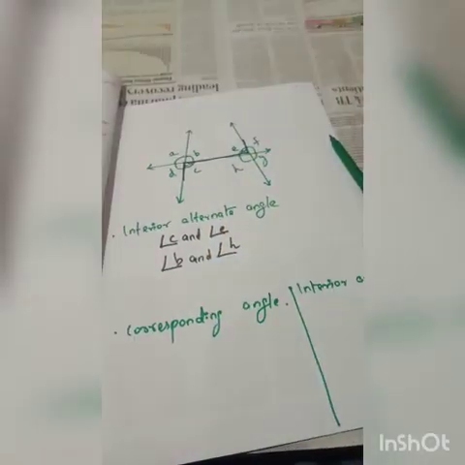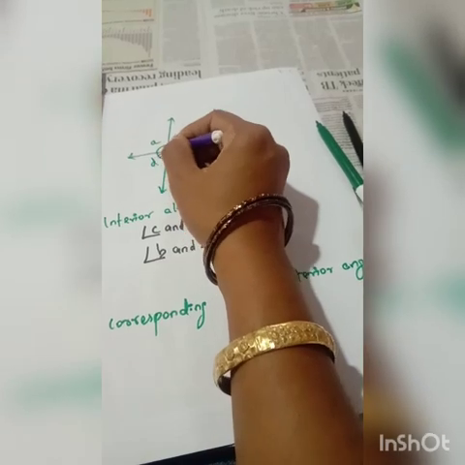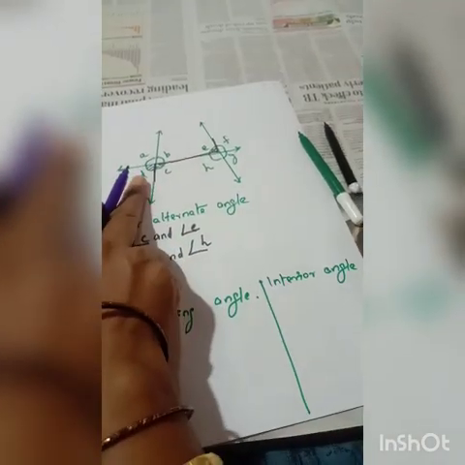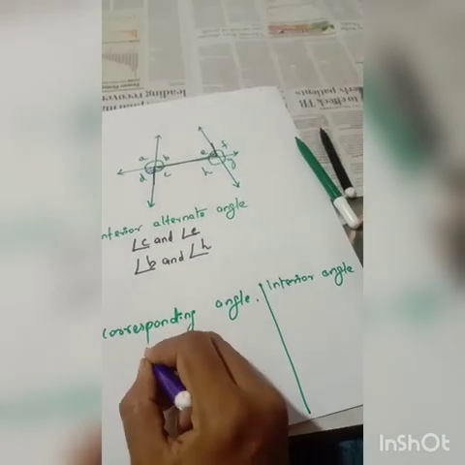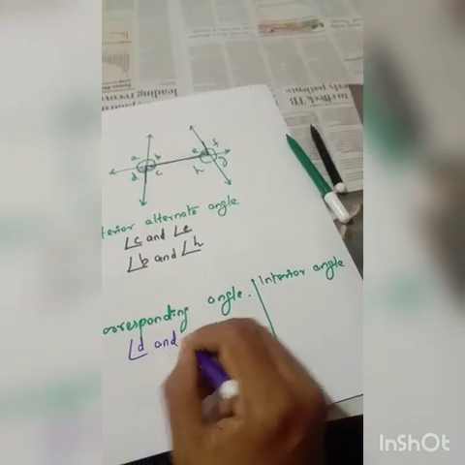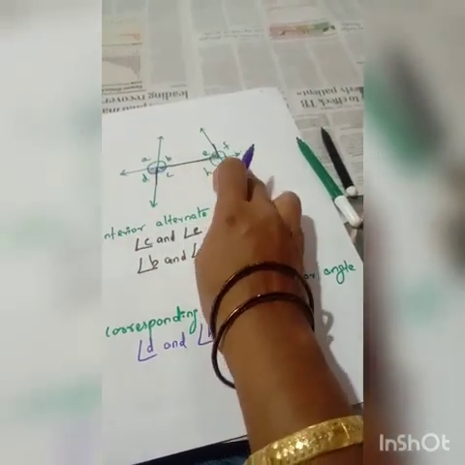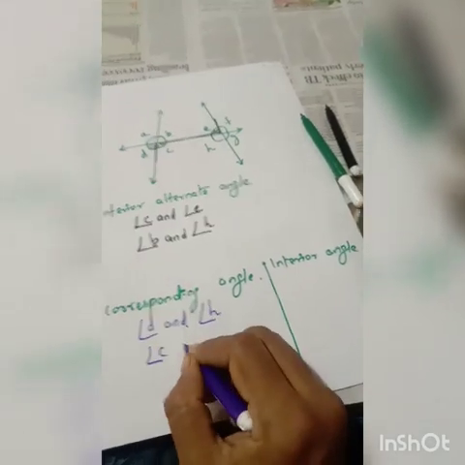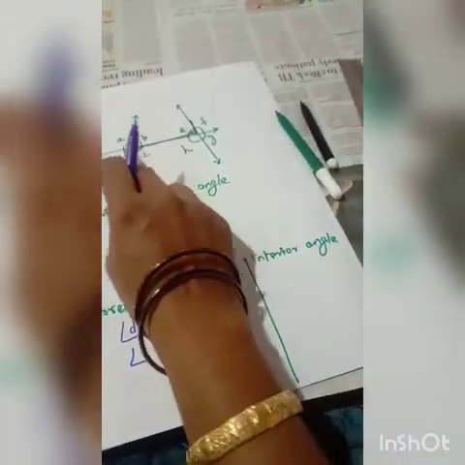Corresponding angle. You see, if I consider about D, above the line D and here above the line H. D and H. And below the line C and below the line G. C and G. This is this side, below the line. Above the line B. This side we will say above.